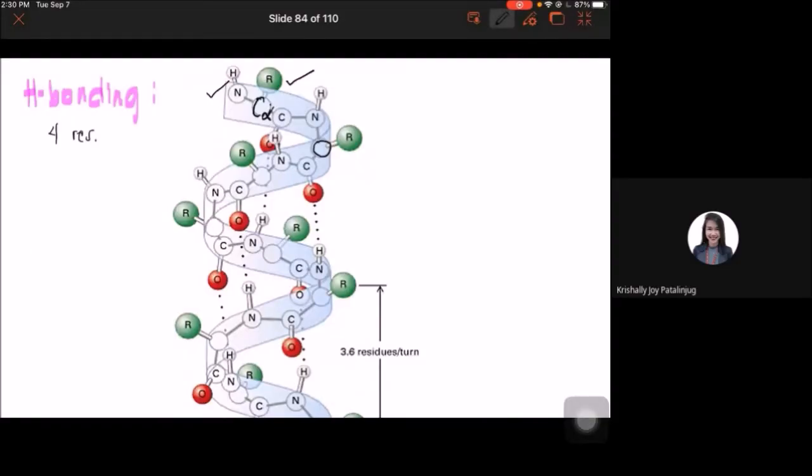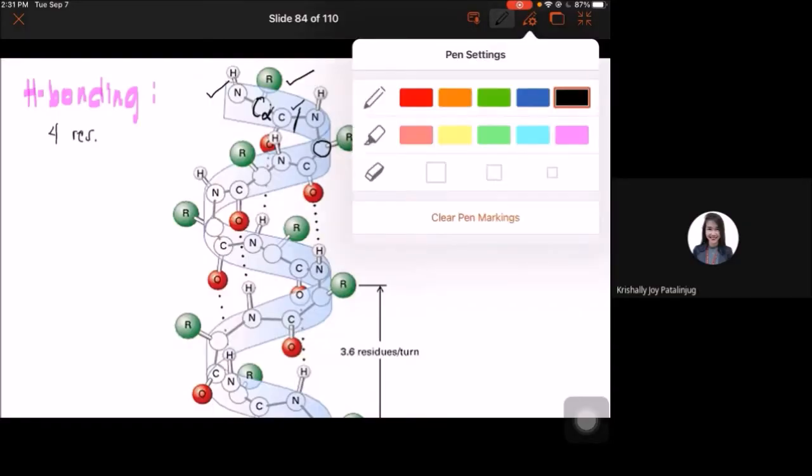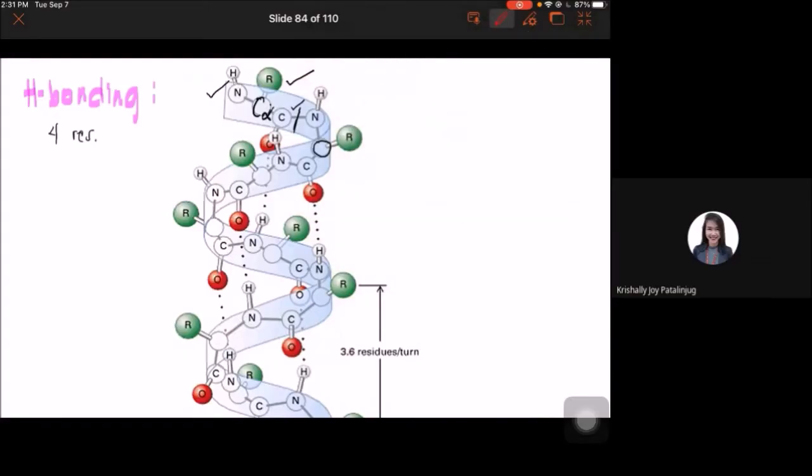And then meron siyang carboxyl group. So you can see on that carboxyl part, meron siyang carbonyl oxygen. Itong part na to, yung kulay pula, yung nasa likod, oxygen yan. Yan yung electronegative atom, oxygen.